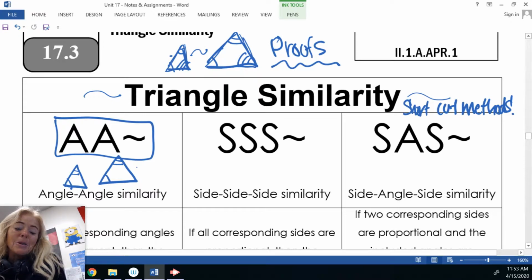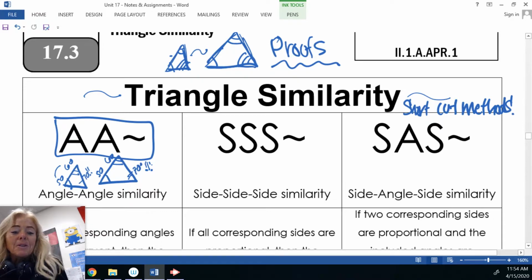It has to be congruent too, right? If these 2 are the same, if they're like 50 and 60, then these are also 50 and 60, then they definitely add to 110. So this must be 70, has to be 70. This also has to be 70 degrees. It just has to be.